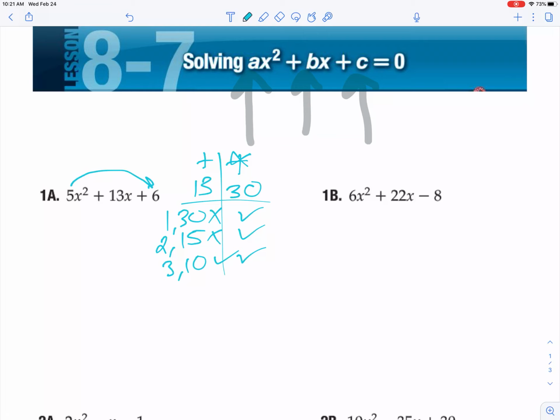But now, this is where you're going to kind of shift to doing factor by grouping. Here's how it works. I'm going to take this 5x squared, and I'm going to take this 6, and I'm going to pull them down. Then this 3 and this 10, they get written over here. It doesn't matter what order. I promise you'll get the same answer either way.